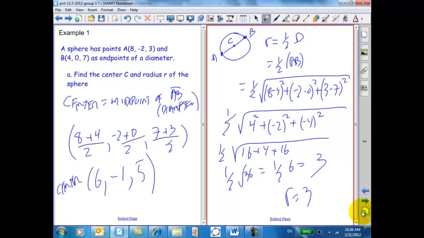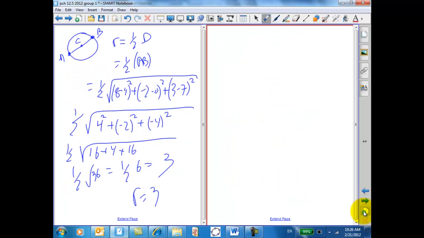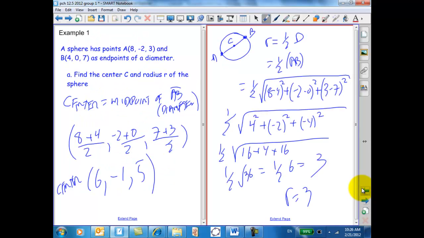You can just take the center and the radius, so it would be x minus 6 squared, y plus 1 squared. Okay, let me write down that center again. The center was 6, -1, 5.